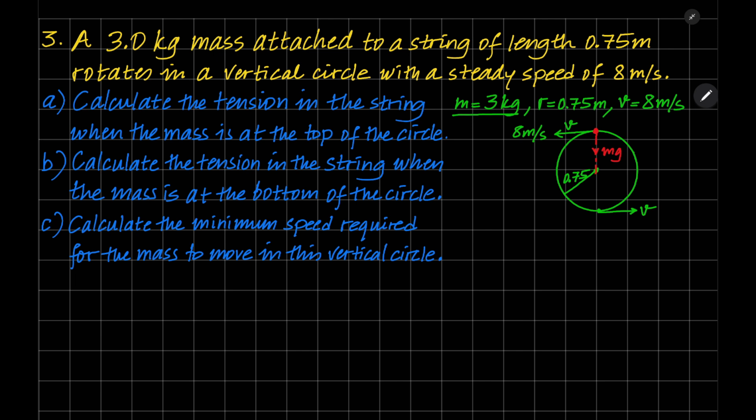At the top point, F minus mg is equal to tension, or it's equal to m velocity squared divided by r minus mg. This is F.